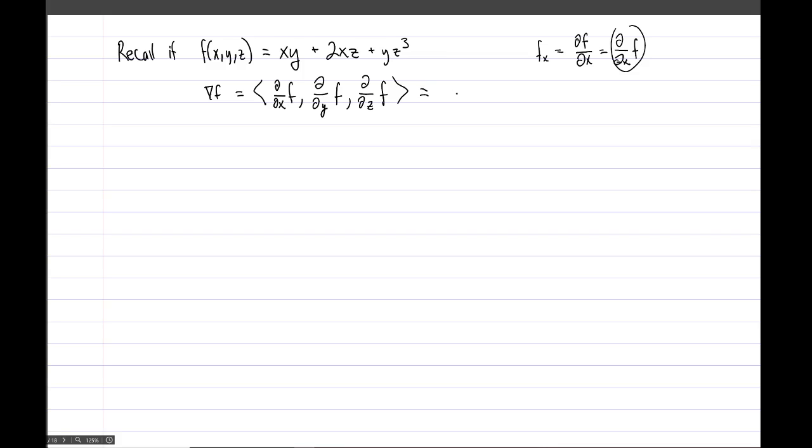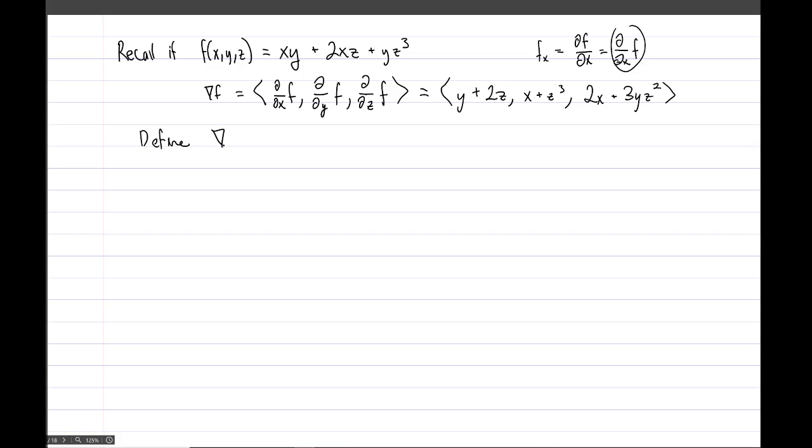We'll compute for this example that we're going to get y plus 2z, comma, the partial derivative with respect to y will be x plus z cubed, and the partial derivative with respect to z will be 2x plus 3yz squared.